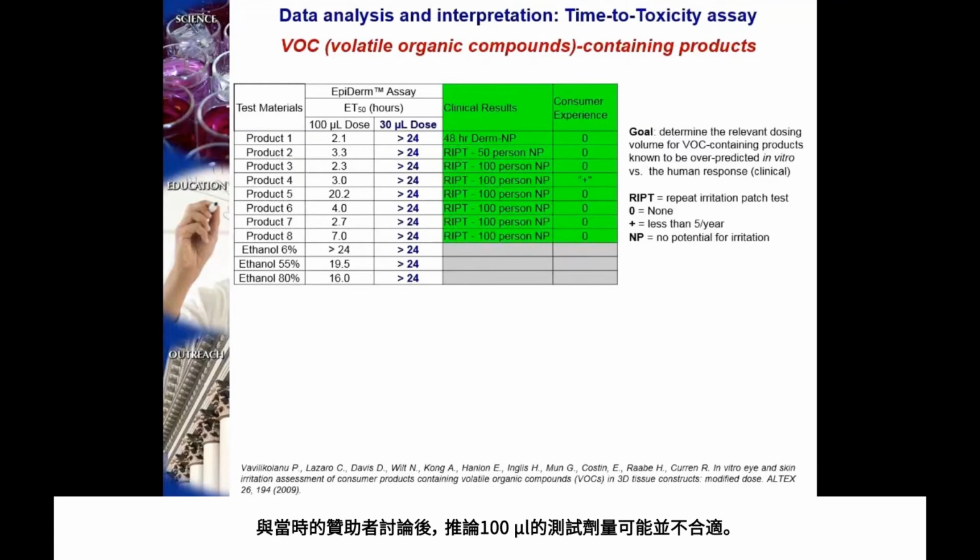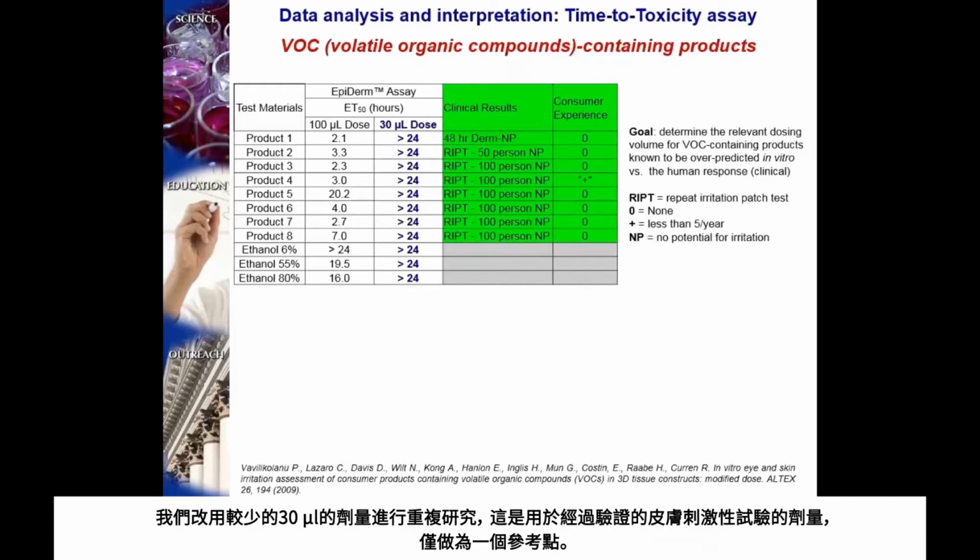So through discussions with the sponsor at the time, it was identified that possibly the 100 microliter dose would not be the appropriate one. And we repeated the studies using a much smaller dose of 30 microliters, which is, again, the dose that was used in the skin irritation validated assay, just to have a point of reference.